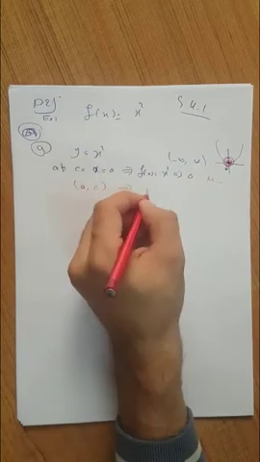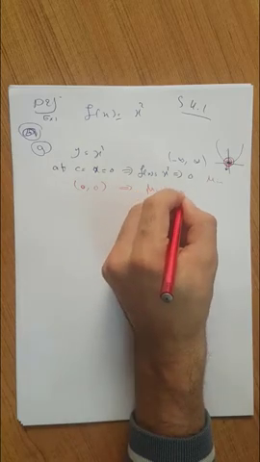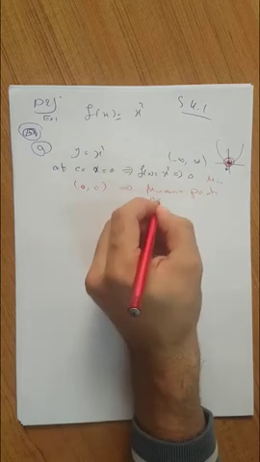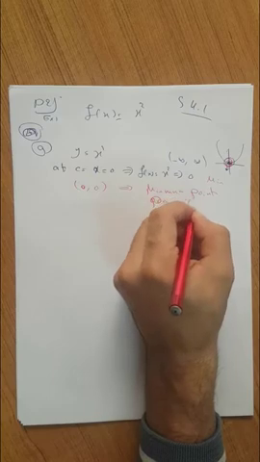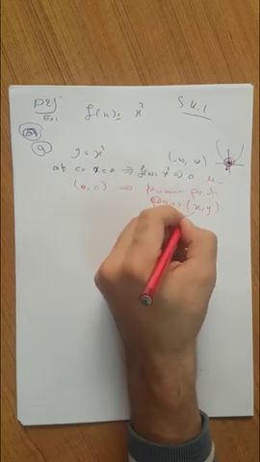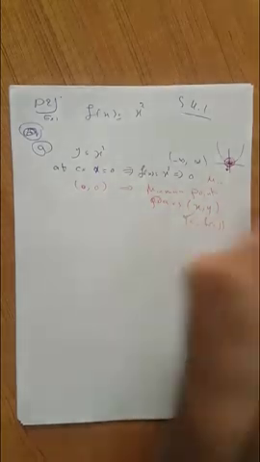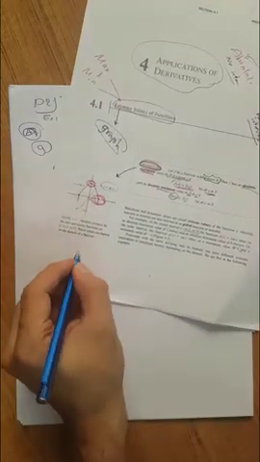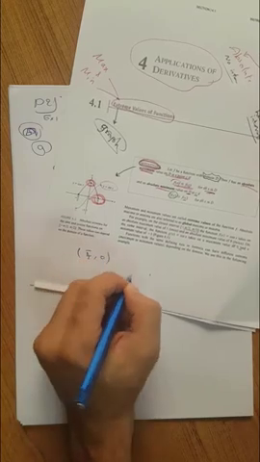When I say minimum point, it means that I have an ordered pair, like x and y. This is c, this is f of c. Okay, dear? That's why I put the value. If I'm going to write the minimum point here, I'm going to write pi over 2 and 0.